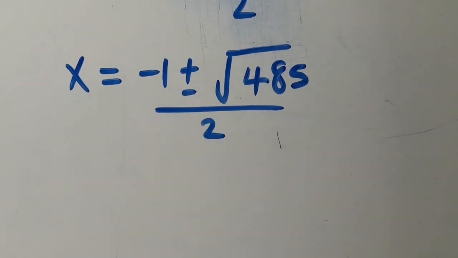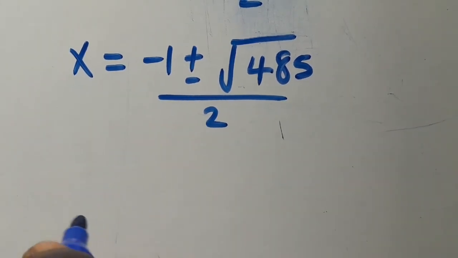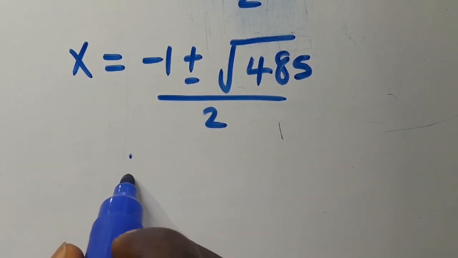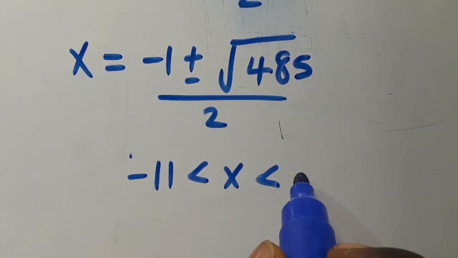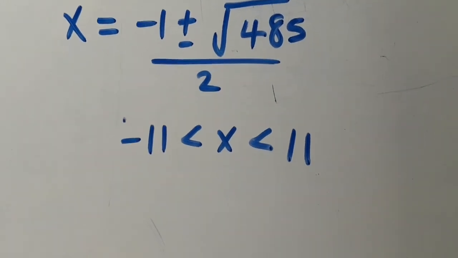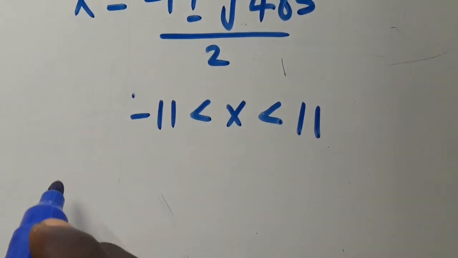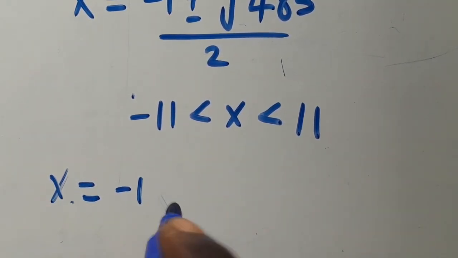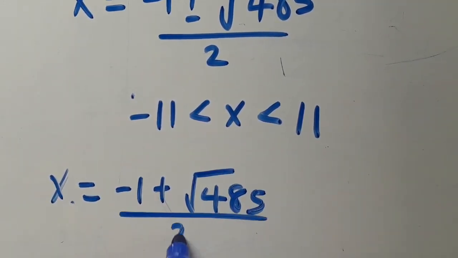Then we must set a condition for x, that minus 11 is less than x, and x must be less than 11, because of the problem given to us. So therefore, from here we have the first x, x equals minus 1 plus root of 485 divided by 2.